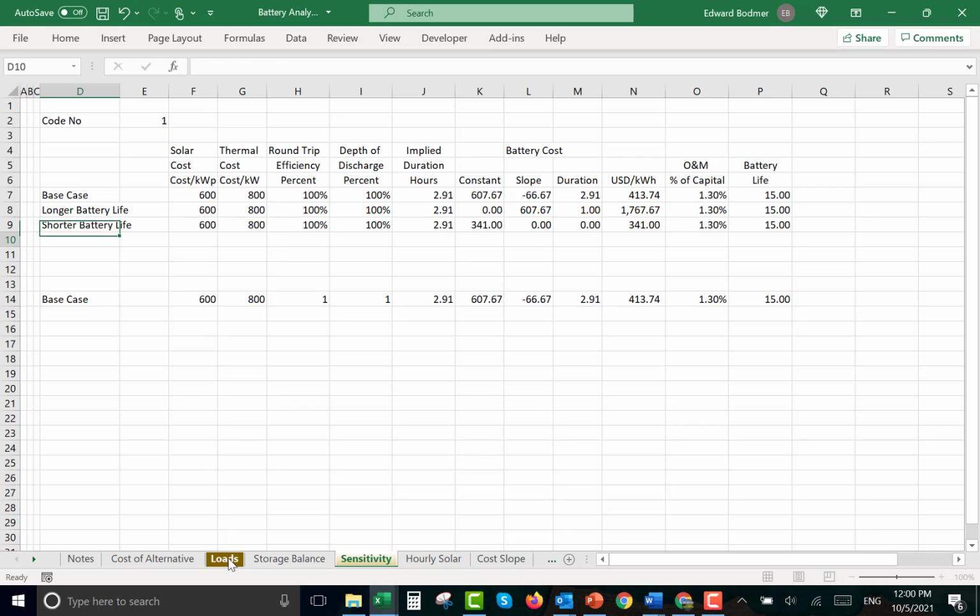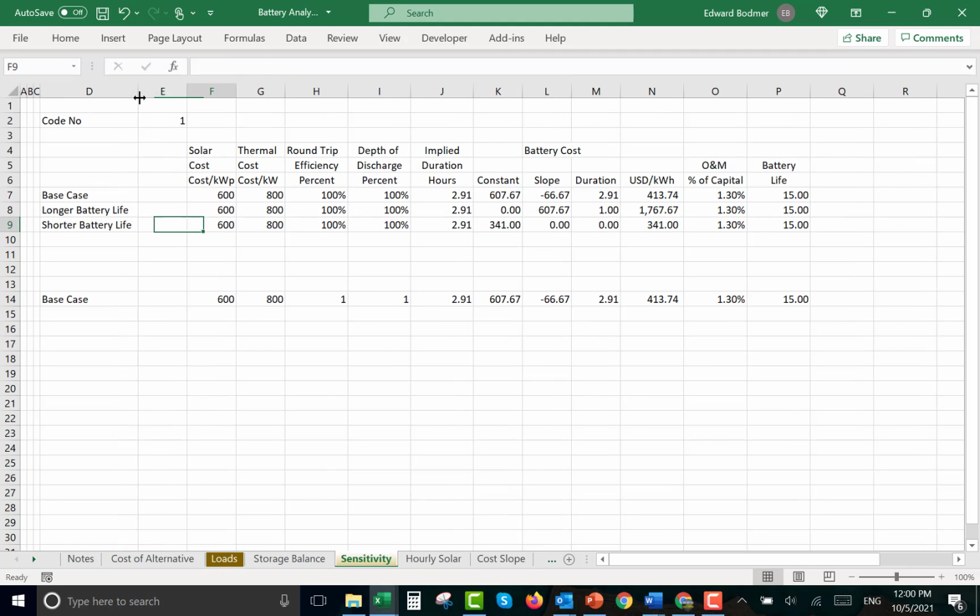And we're going to do this with all of the different variables. And so let's put 20, and let's do a sensitivity and see what happens when we change this.